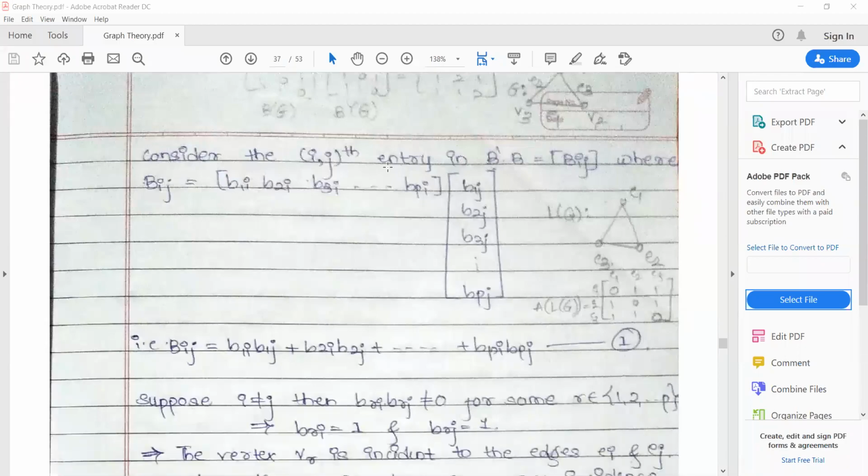Now consider the ijth entry in B dash B. That is equal to the matrix B_ij, which is what your B dash B means. You have taken the product of those two matrices.